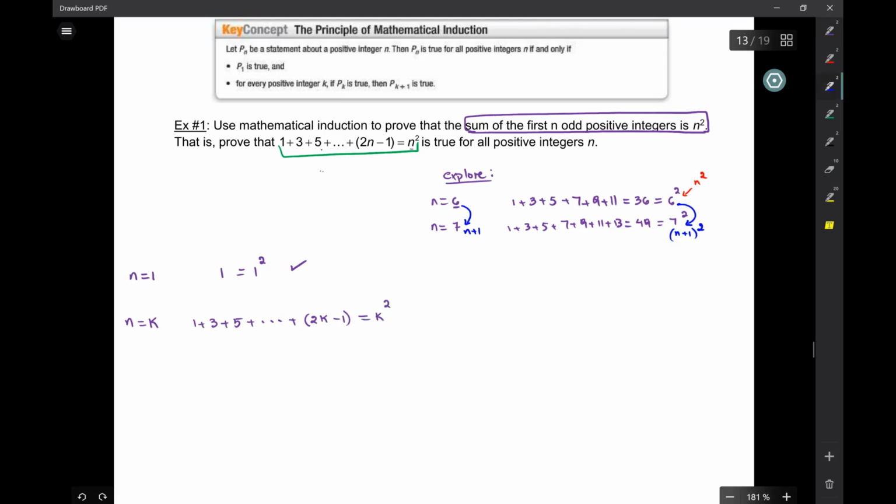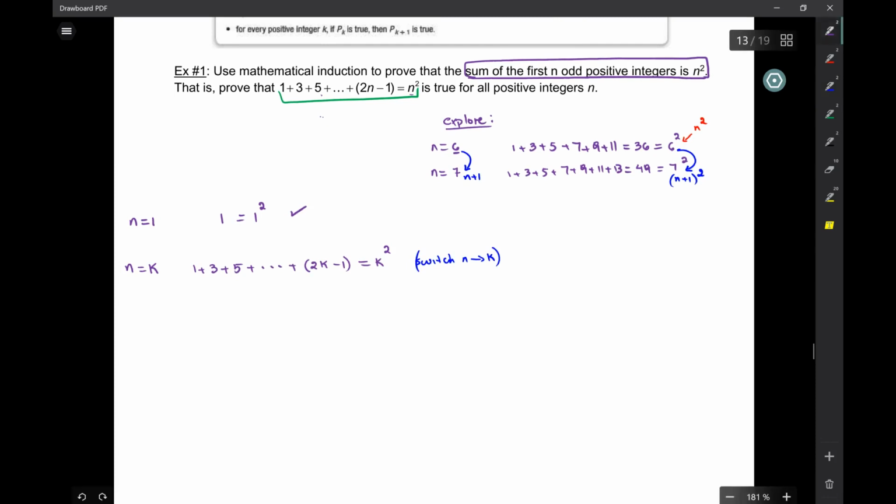Okay, so all we did is switch n to k. That's all I did here. Okay. Now, I'm going to see if this is going to work for n equals k plus 1. This is the proving step, if you like. This is it.